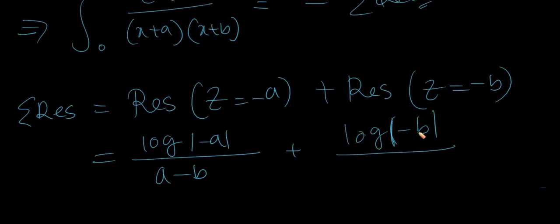Or you can choose not to write a modulus since you're doing this complex variable thing. So it's up to you. And you will have minus b minus a. Sorry, it shouldn't be minus b minus a, my bad. It should be b minus a.